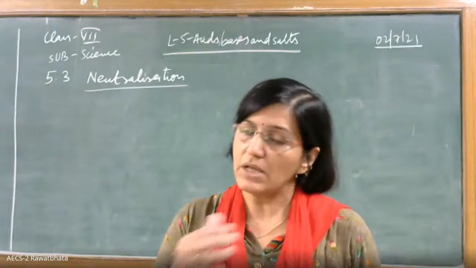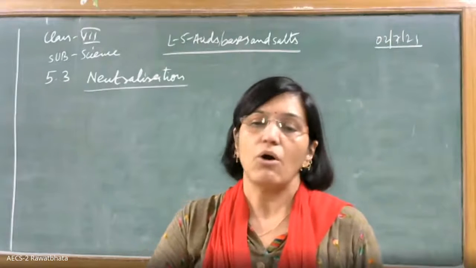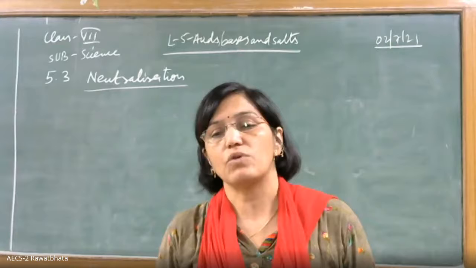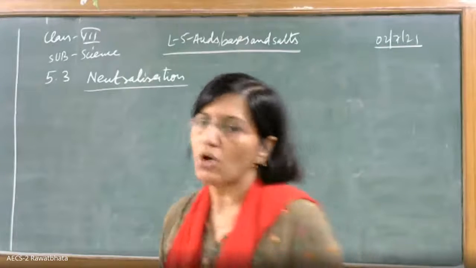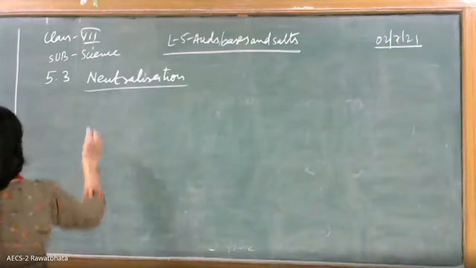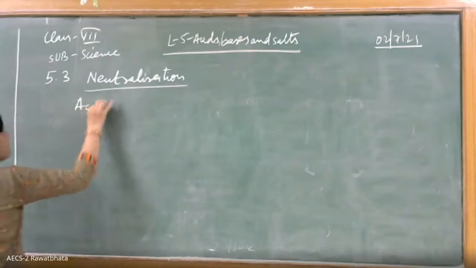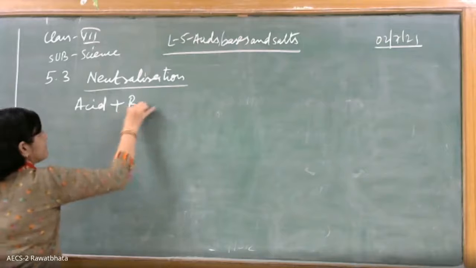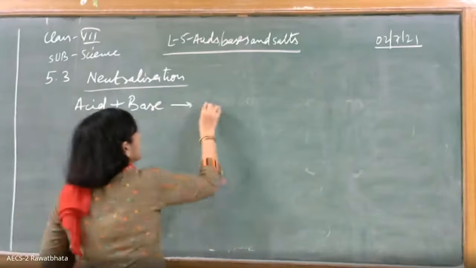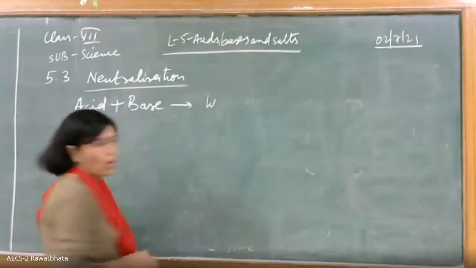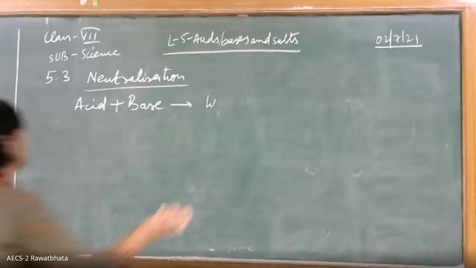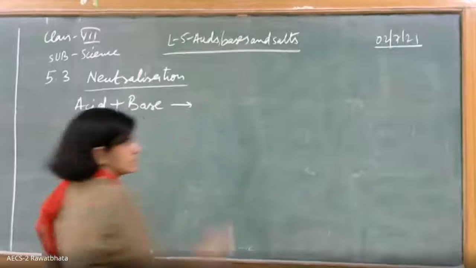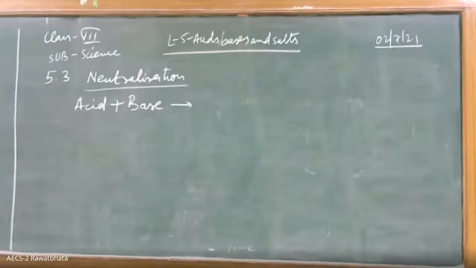If that acid is completely nullified or removed, then that is what we call a neutralization reaction. In short form, it goes this way: acid plus base gives salt plus water. If you add acid to a base, it forms salt and water.